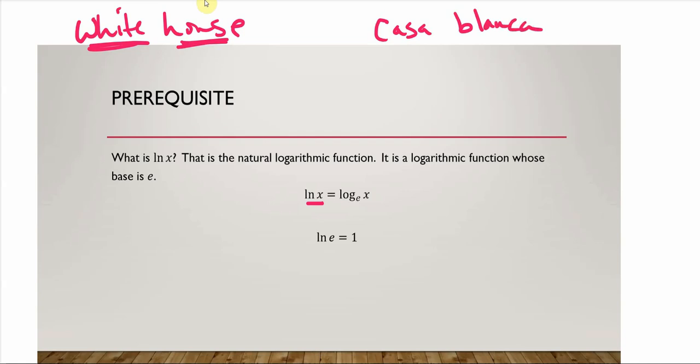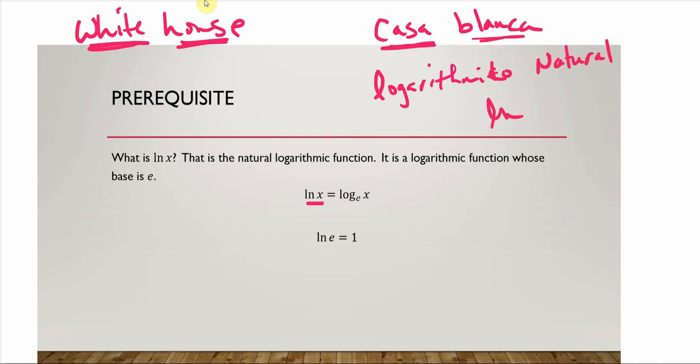So if you notice, casa is the noun, blanca is white, so therefore the adjective is at the end. So the natural logarithm in Latin is like Spanish, logarithmico natural, I don't know, which is going to be ln.